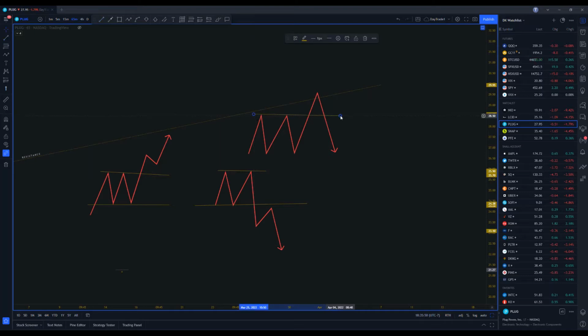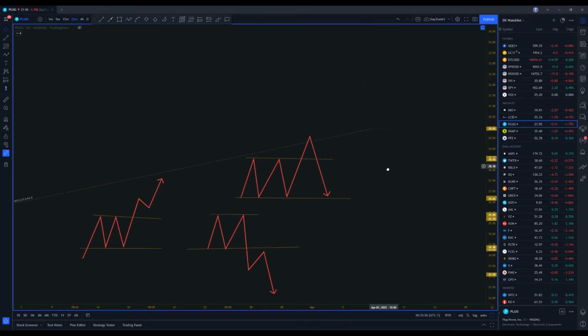So this is a possibility. If you're taking the breakout, this is the downside to going in early, is that it goes up, but immediately it fails to hold that support level or that retest, and it just comes back in. So now you're kind of trapped, right? Unless you use your risk management, but that's a whole other video.